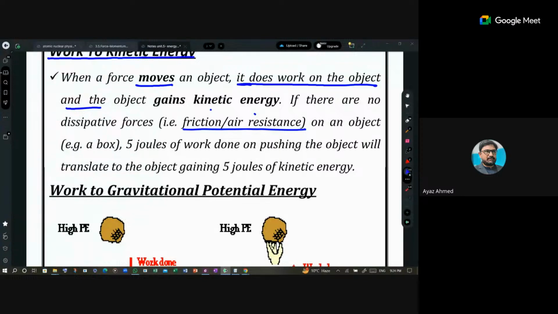So for example, I was discussing an example, that box which was over there. 5 joules of work done on pushing a box will transfer to a gain of 5 joules of its kinetic energy.